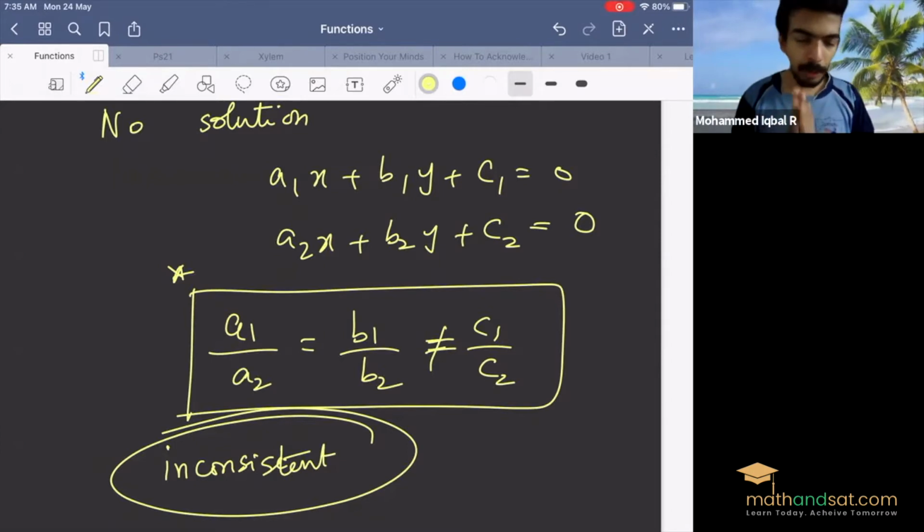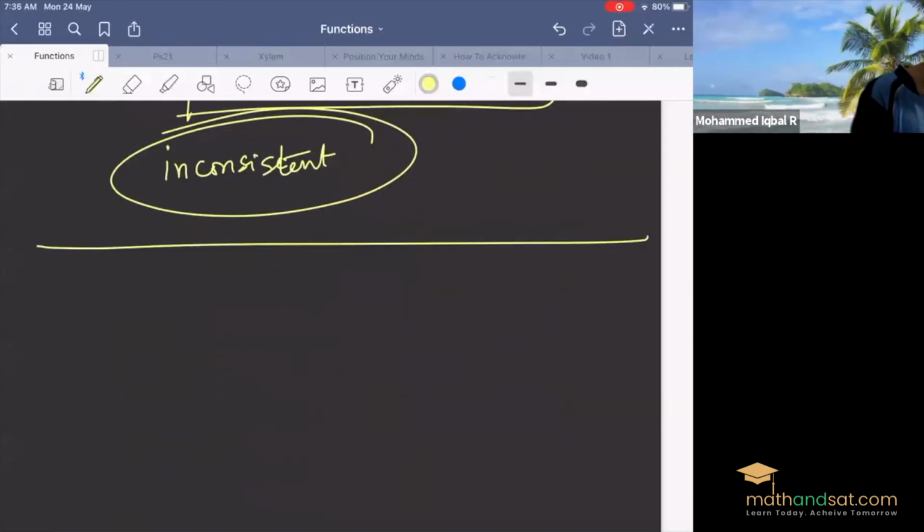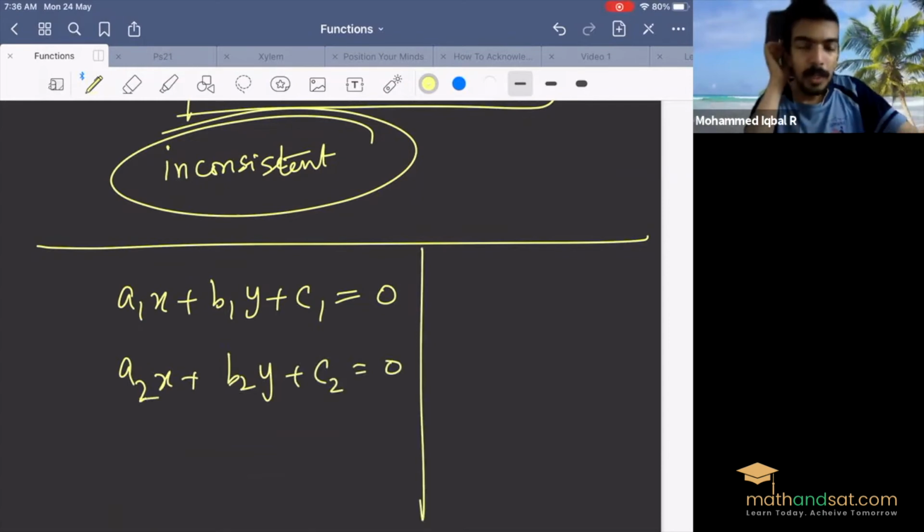Okay, now I also tell you one more thing. When you have two lines, a1x plus b1y plus c1 is equal to 0, a2x plus b2y plus c2 is equal to 0, what is the slope of the first line? I've already told you this.